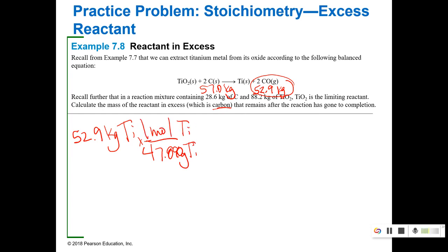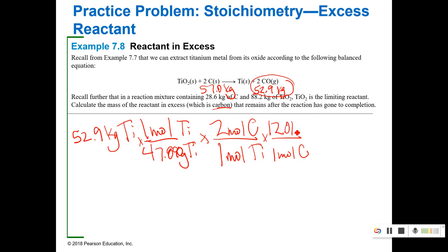We are literally flipping all the problems, except instead of going back to our titanium(IV) oxide, we're going back to carbon. So there's 1 mole of titanium for every 2 moles of carbon. 1 mole of carbon is 12.01 grams carbon. So this is calculating how much carbon we need to make that much titanium.